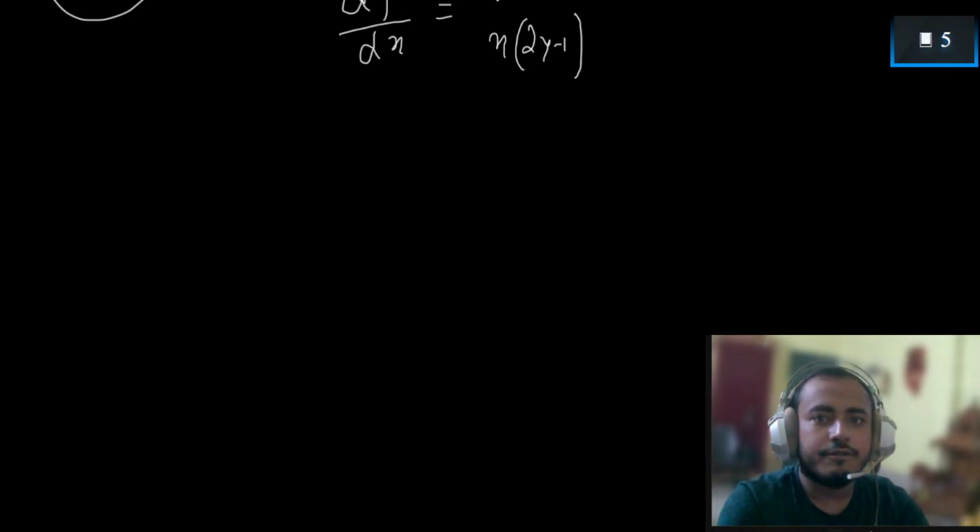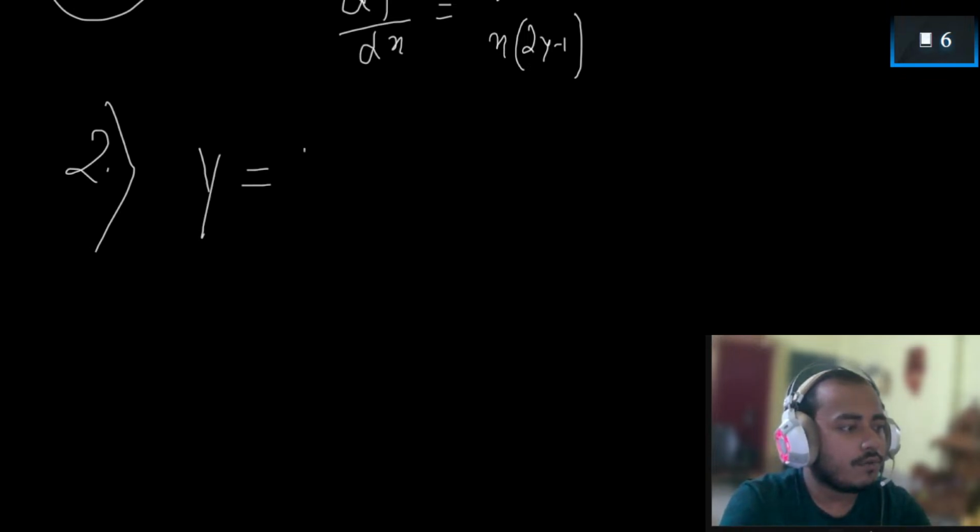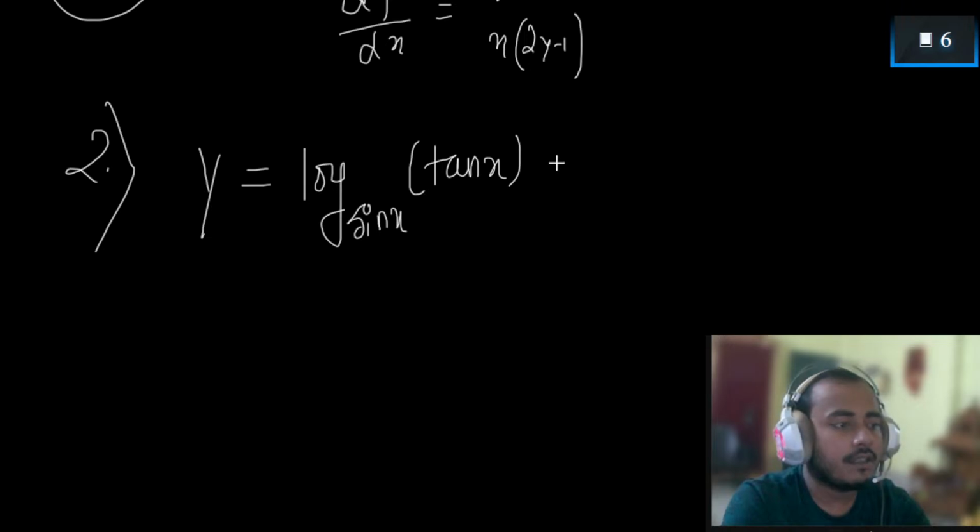Let's say we have problem number 2. We are trying to write y is equal to logarithm of tan x with the base sin x, and we want to find the value of dy by dx at the point pi by 4.